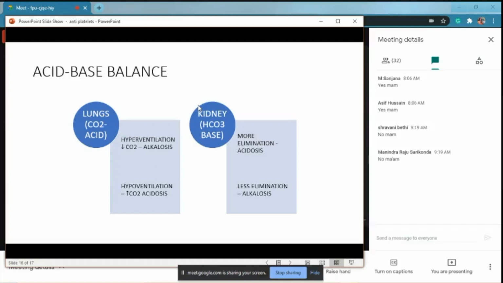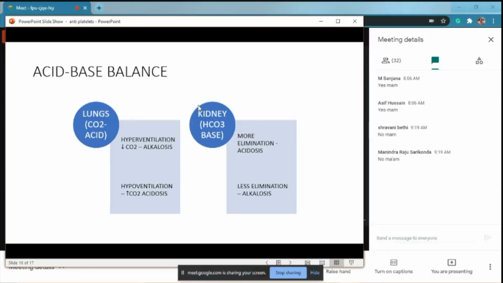So with hyperventilation, the CO2 goes down. CO2 is acidic, since CO2 converts to carbonic acid, so it controls the acidic medium. So if CO2 goes down in hyperventilation, it causes respiratory alkalosis. Okay, are we clear?